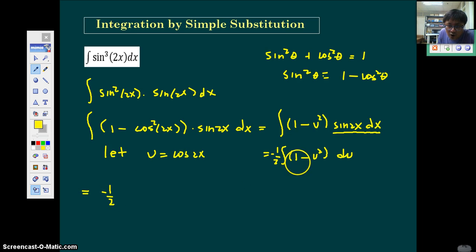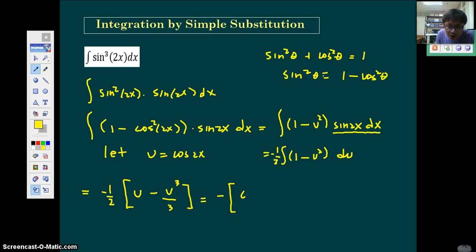Now this can be written as negative 1/2. The integral of 1 is of course u, minus the integral of u squared. You know that 1 will be added to the power 2, that becomes u cubed over 3. And then finally just put back our substitution u as cos 2x.